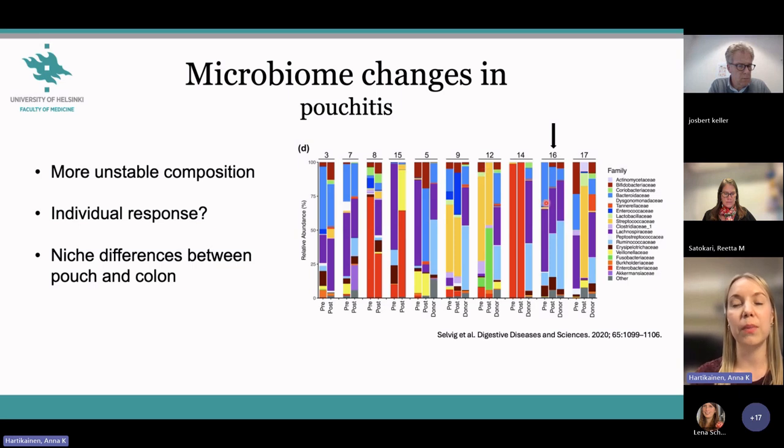They only found that one patient actually had a very nice change towards the donor microbiota. So there might be an individual response in this patient group, but what is also important are the niche differences between the pouch and colon, because they are very different environments. The pouch, for example, has more oxygen in it, so of course different kinds of bacteria like to live there.